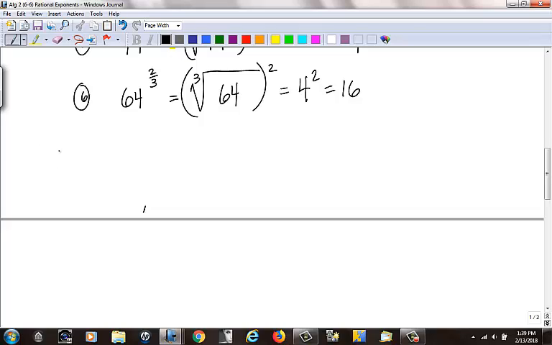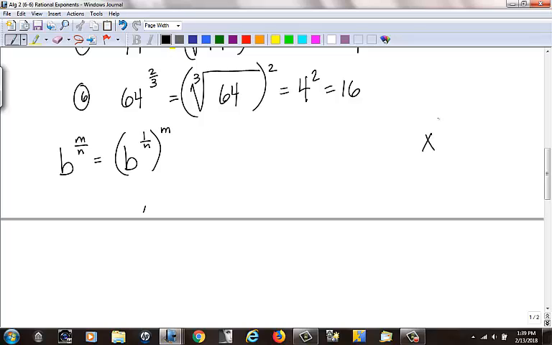If I said b to the m divided by n power, I can split that up into b to the 1 over n and raise that to an m power. Because when you raise a power to a power, what do you do with the exponents? Multiply them. When you raise a power to a power, multiply them.